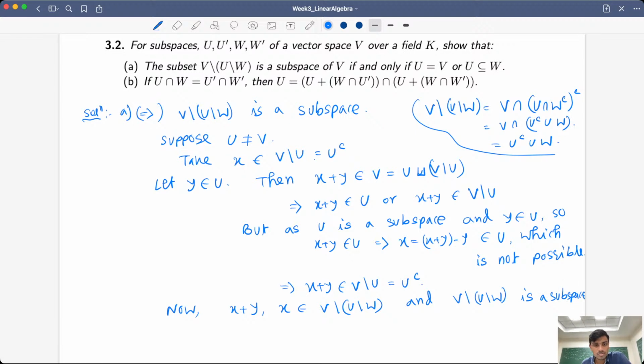So this is a subspace, so I can subtract them, just add the inverse of this thing.